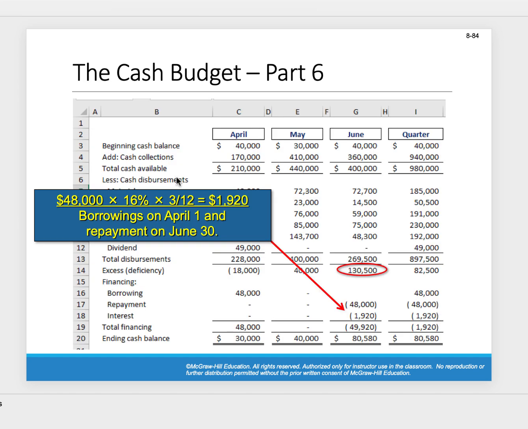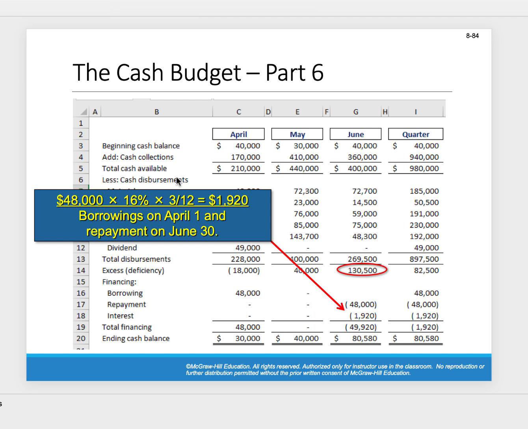So let's look at June. We do the same thing for June. Once we factor in the total cash we have available, we factor in all our cash disbursements. You see in red there, we have $130,500 in excess, right? Meaning cash receipts over cash disbursements.